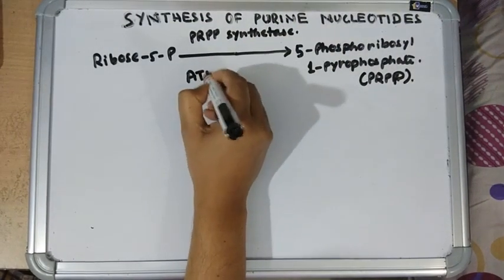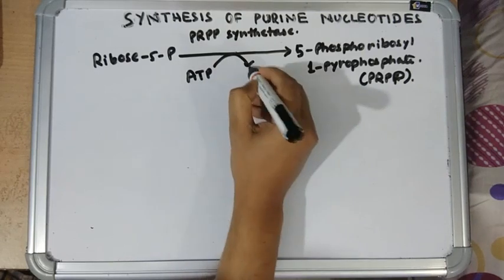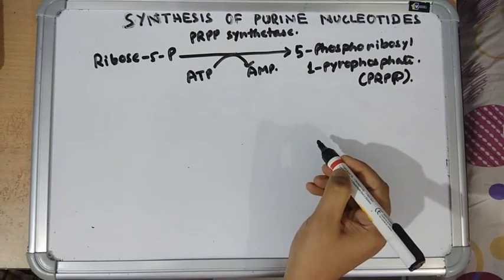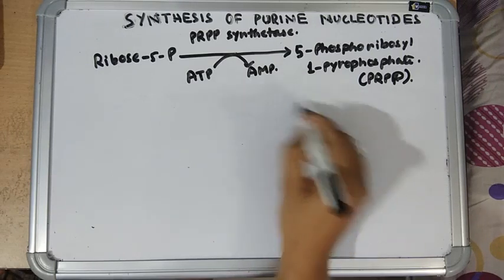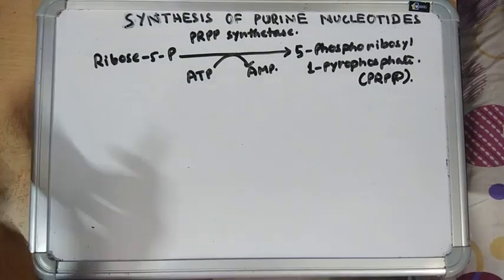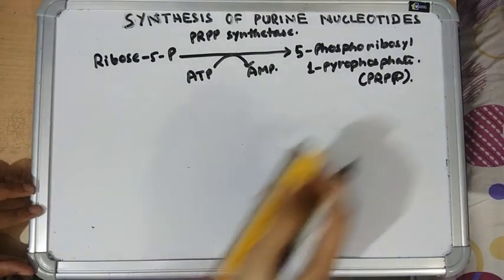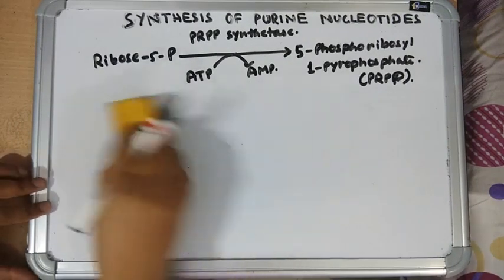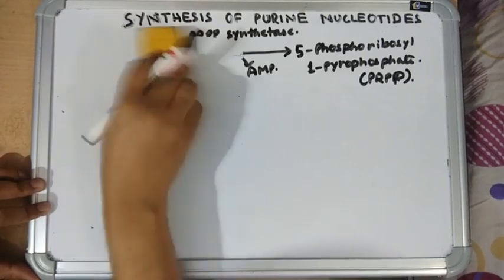ATP is required. Now step 1 starts from the next step, and in de novo synthesis this PRPP provides the foundation on which the other atoms are added to form the purine nucleotide.